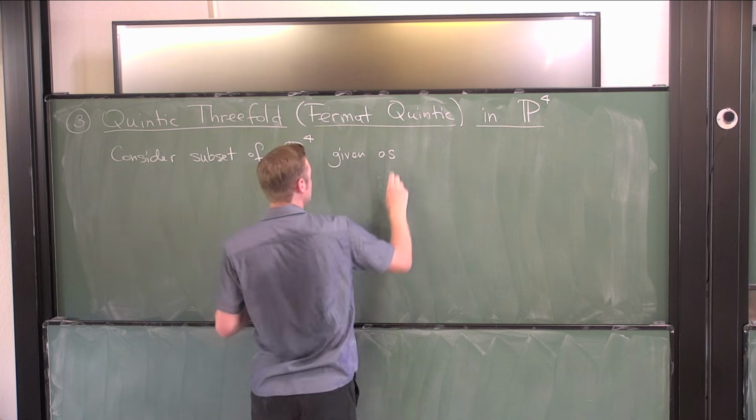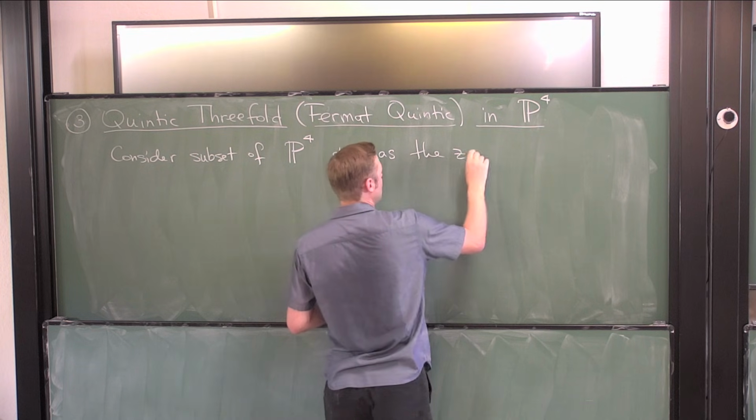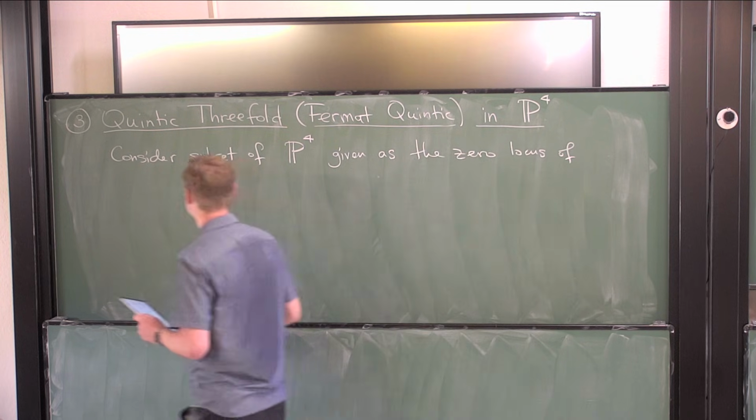Given as the zero locus of a homogeneous polynomial.